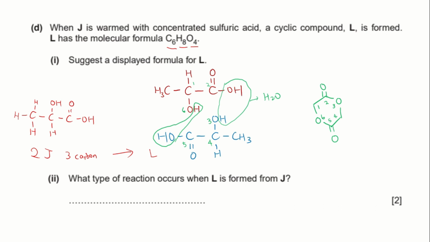Now it's time to fill in the substituent groups. Carbon number 1 is also bonded to a methyl group. And carbon number 4 also is bonded to a methyl group. So now the structure for L is complete. The question is asking for a display formula for L. So let's convert this to a display formula.